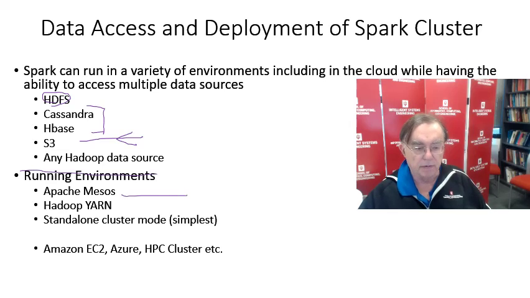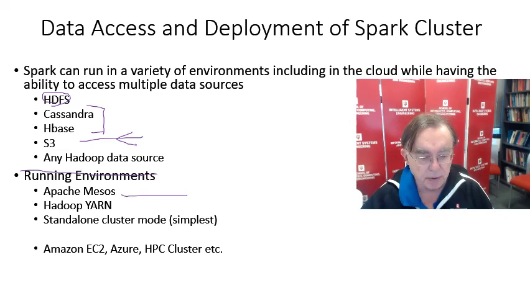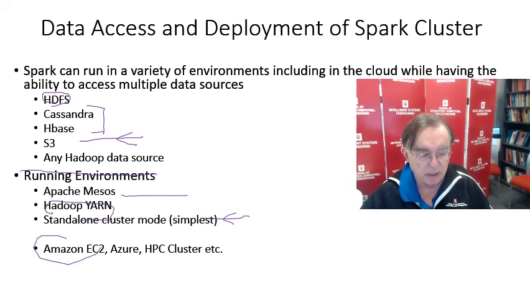Mesos is sort of the default, although Spark has its own built-in scheduler. Mesos is produced by the same group that actually produced Spark. Yarn is the scheduler which came from Hadoop. And you can also run it on different systems: Amazon EC2, Azure, HPC cluster of any type, such as the one at Indiana University. So you are very flexible.